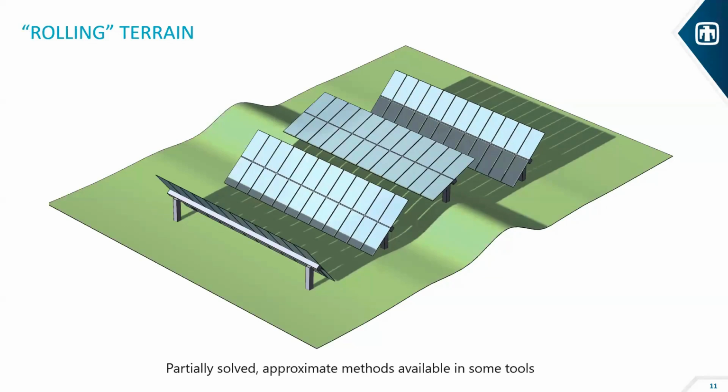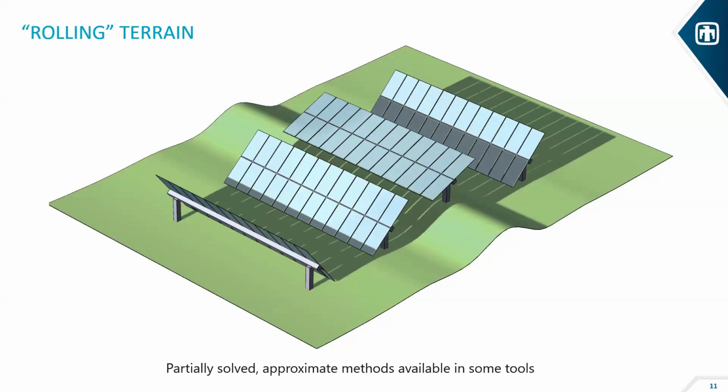But there are still limitations. These numerical algorithms assume that things are nice and 2D. So some of the assumptions are that all the rows are aligned. We can have rolling terrain, but it can only be rolling in one direction, and then it can be sloped in the other direction.